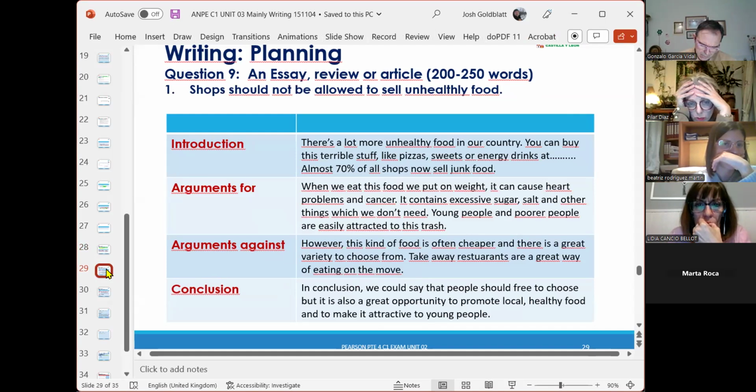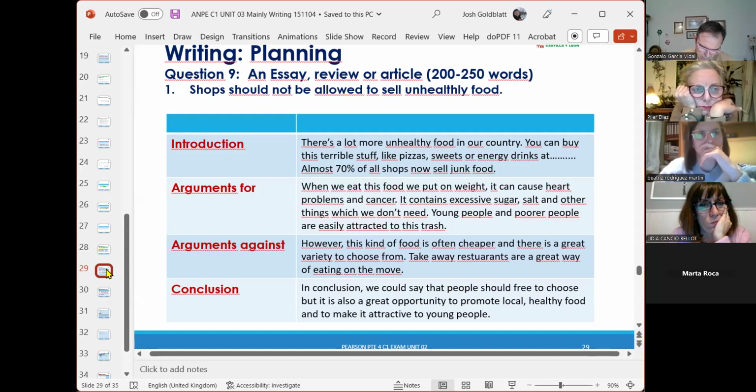Because when we see our 3 points in favor, then it's much easier to produce 3 opposite points immediately below. And then we think about the grammar, and then vocabulary, and then connectors. So first the ideas, please, and then we go on.